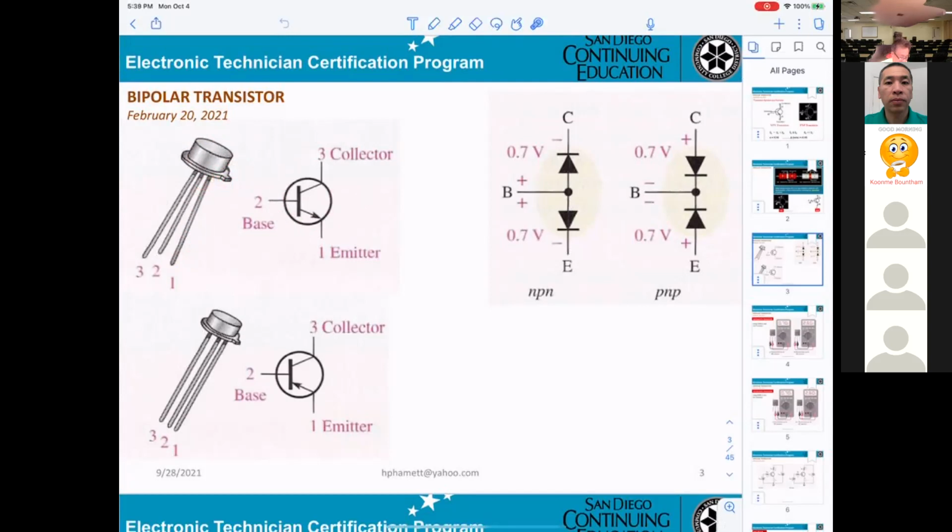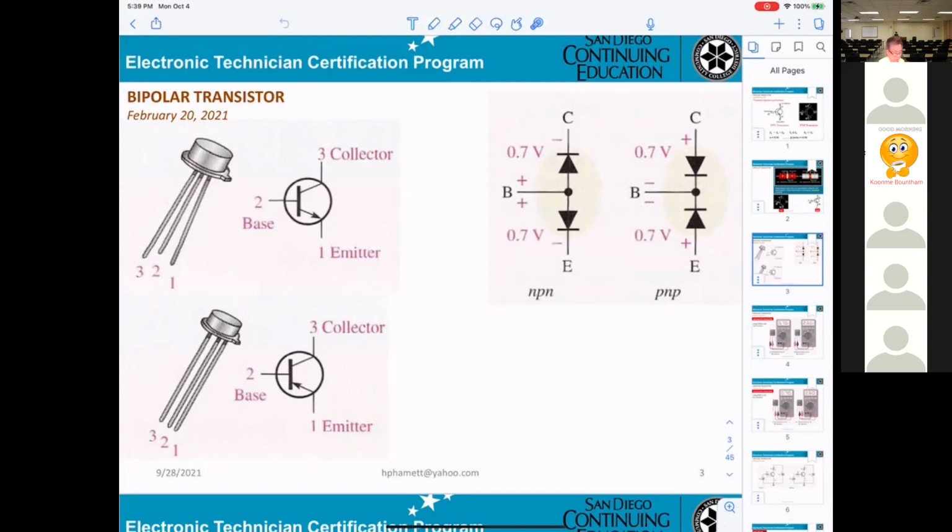So the notch: there is a notch on one leg, that is pin 1, and in the middle, you know that will be 2. On these transistors, from what I've noticed, they're labeled 1, 2, and 3, printed on there.